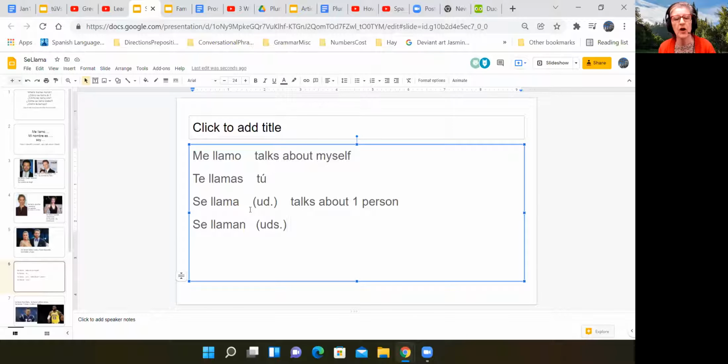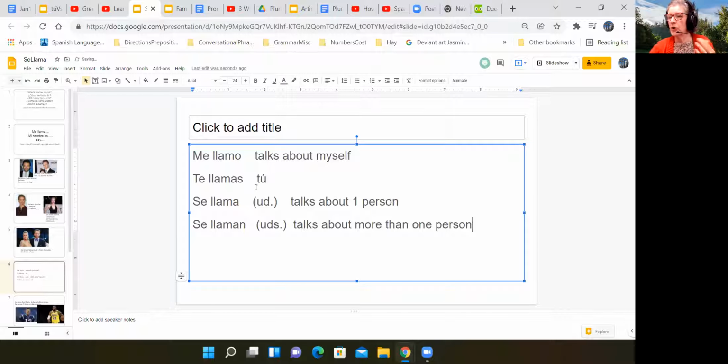He'll use ustedes. ¿Cómo se llaman ustedes? Or if he's looking them in the eye, he may drop the word ustedes and just say, ¿Cómo se llaman? What are your names? And se llaman, besides talking to ustedes, the plural you, also talks about more than one person.